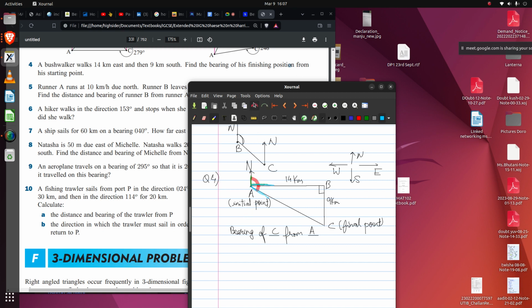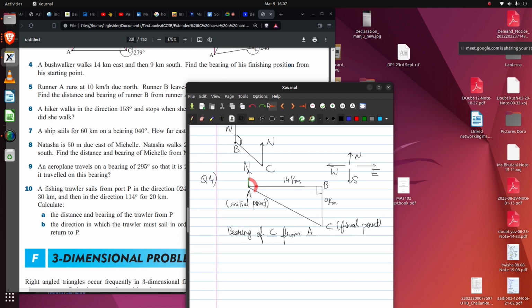So, out of these two, do we know one of them? So we know that one of them is 90. So the only angle remaining is the green one, isn't it?